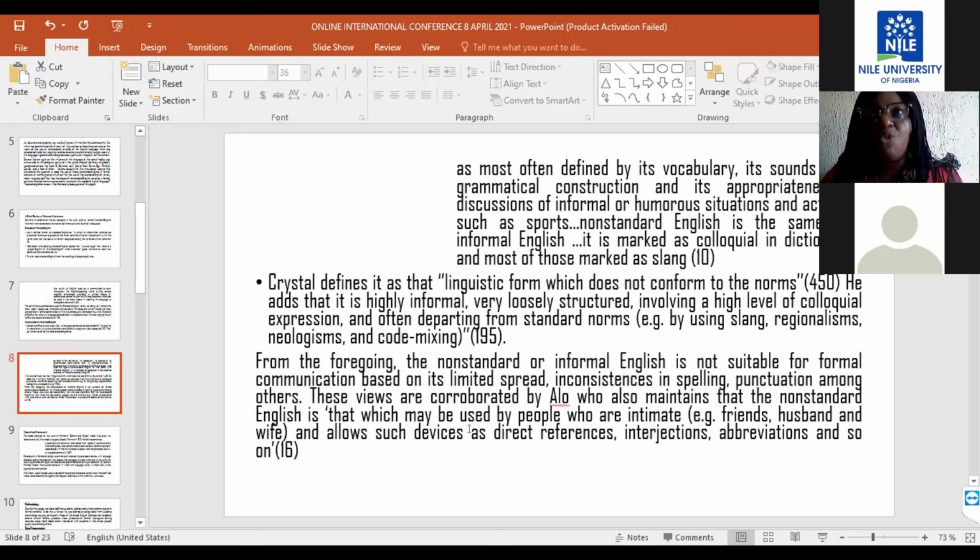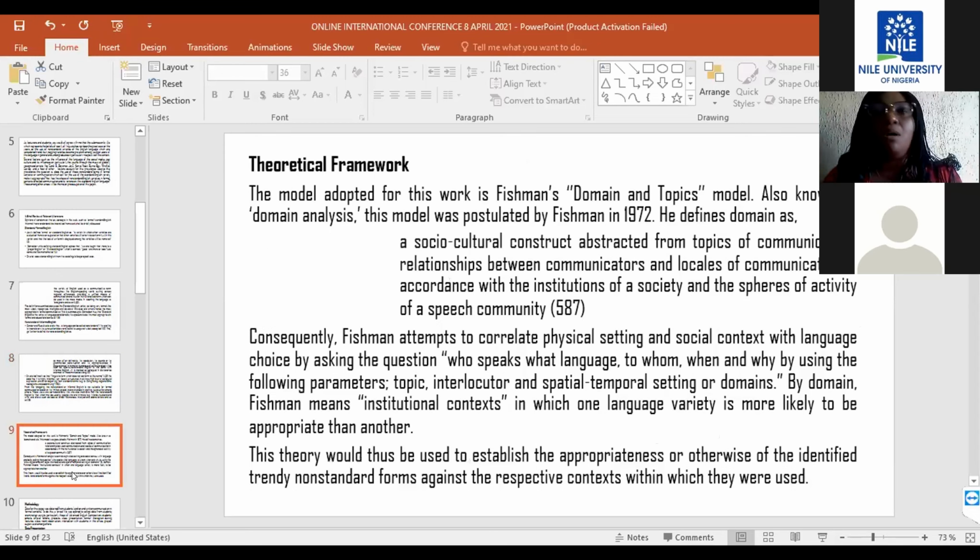While in a situation where the context isn't formal, by reason of the participants involved, the topic of discussion and all of that, then such a person cannot opt for the non-standard variety.